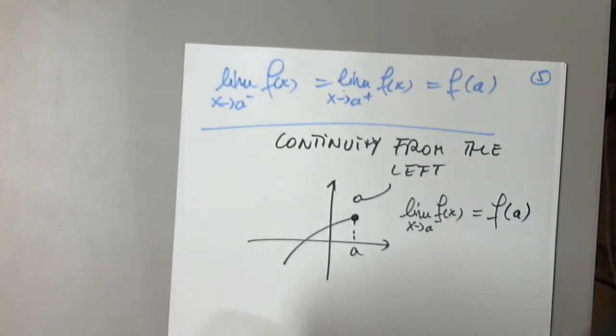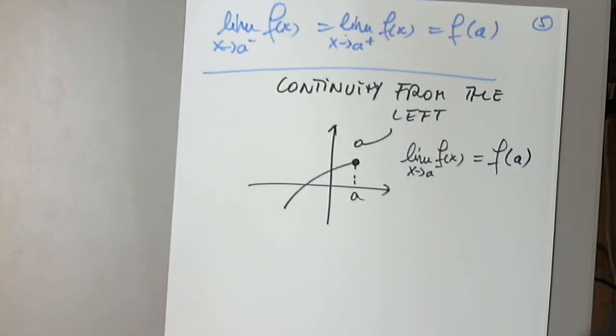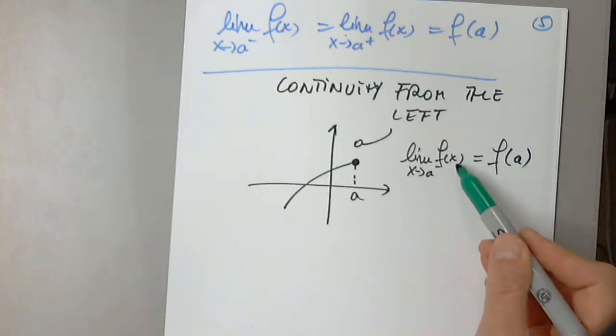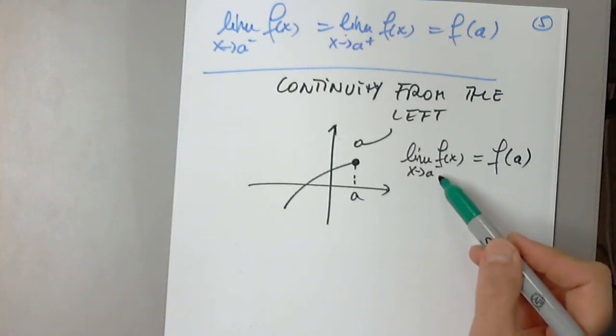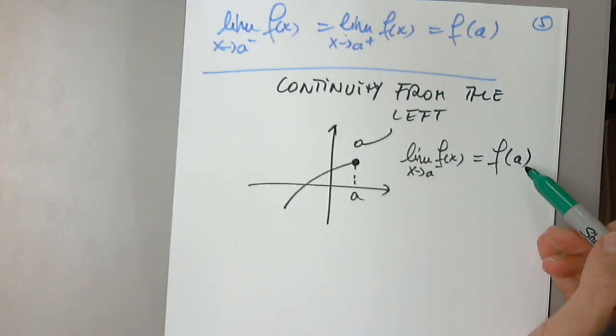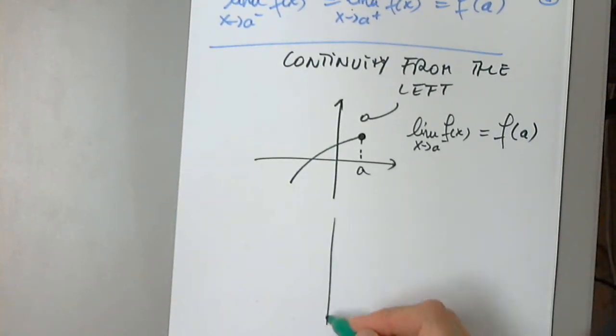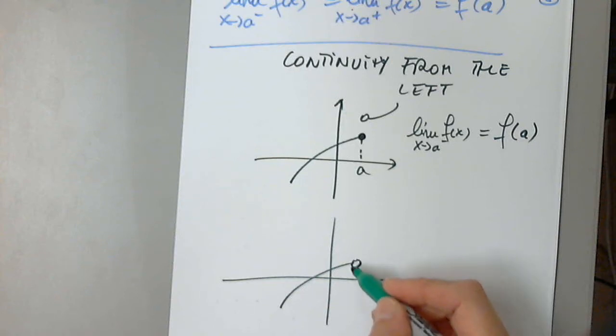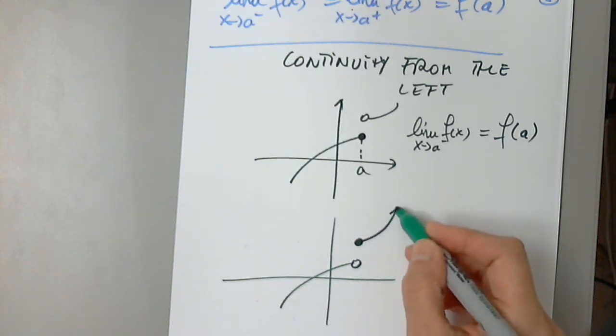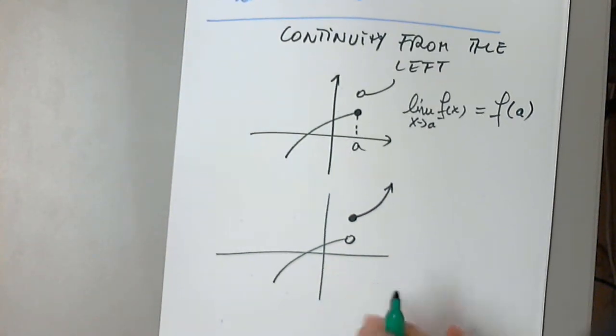Can anyone dictate continuity from the right? The limit of f of x as x approaches a from the right, in other words, will equal... this is continuity from the right.